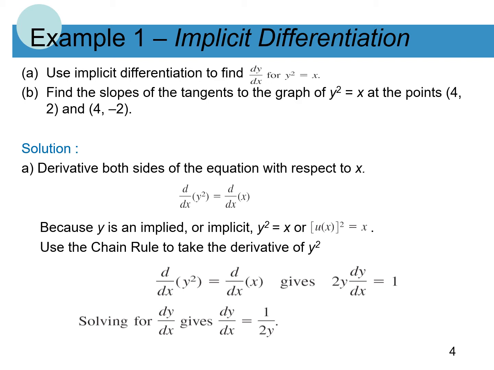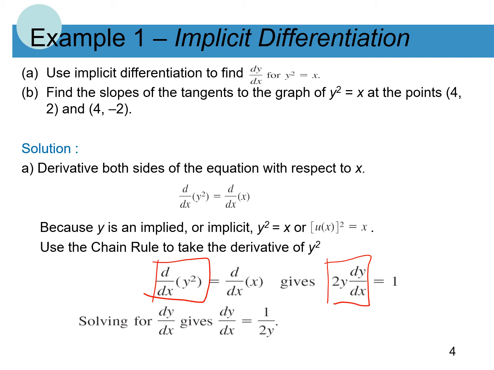Then to differentiate this, we can use the chain rule. Based on the chain rule, d over dx of y squared equals d over dx of x. The differentiation of y squared gives us 2y, but we have to multiply it by dy over dx, which is the derivative of y.